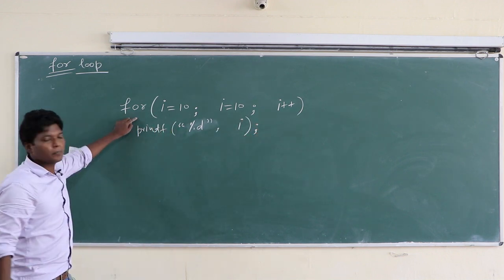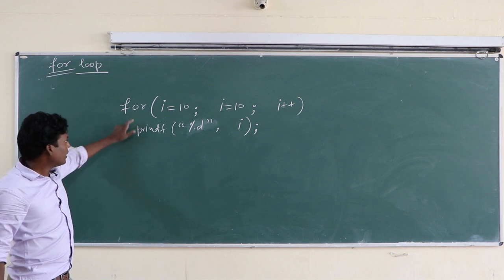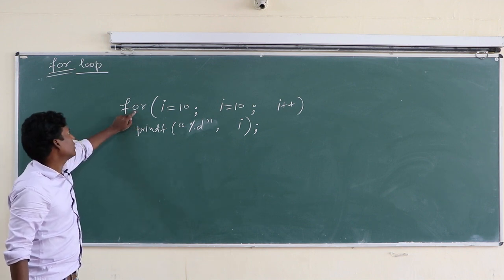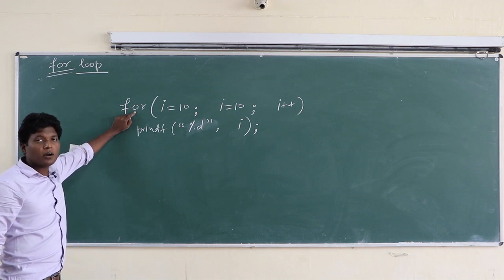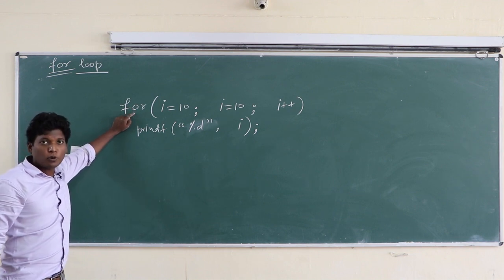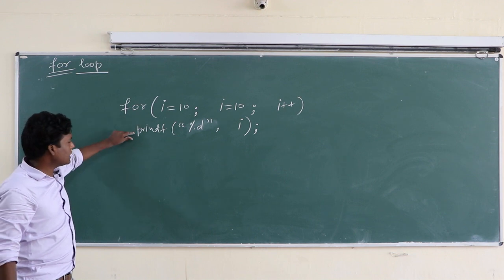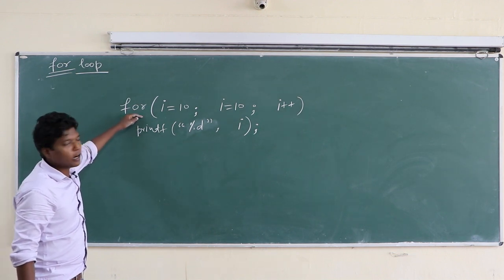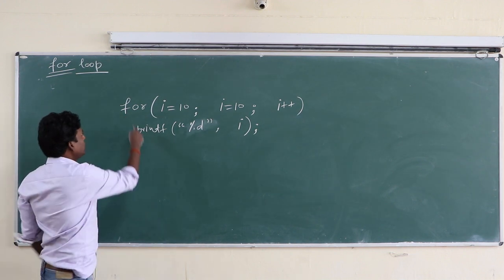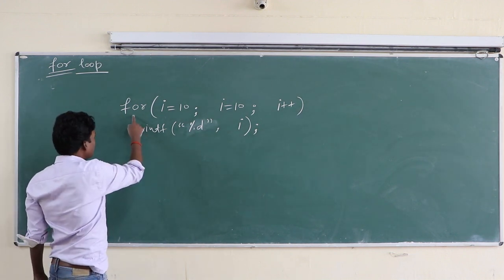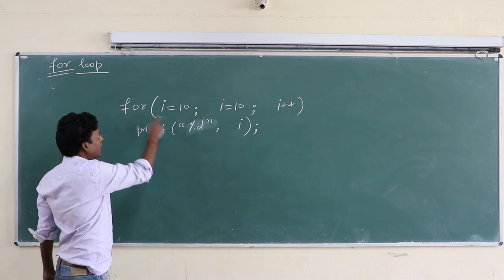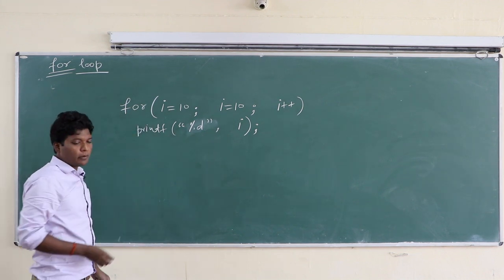Class, there is no curly bracket open and close because this printf is within the for loop scope. By default, the scope of a for loop is a single statement. So this printf is within the for loop. There is no need to write curly brackets, because a single statement is by default in the scope of the for loop.